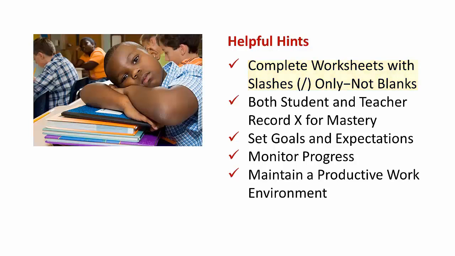After a student has mastered a grammar, usage, and mechanics worksheet, direct him or her to change the slash into an X for mastery on the appropriate box of the matrix on the rear classroom wall, using pencil, of course. Filling in the X gives students a sense of accomplishment and motivates students to complete additional work and set goals. Don't forget to mark the X in your teacher binder as well.